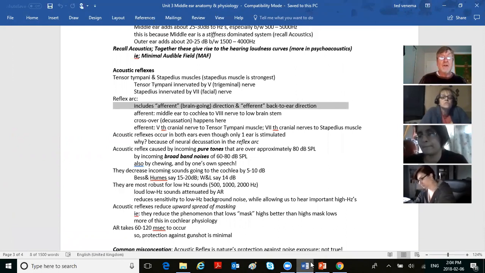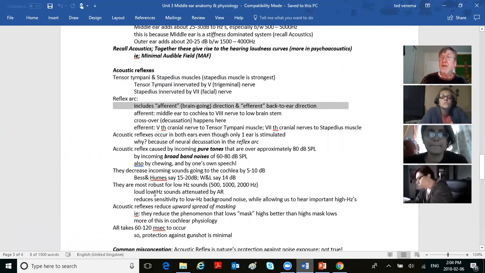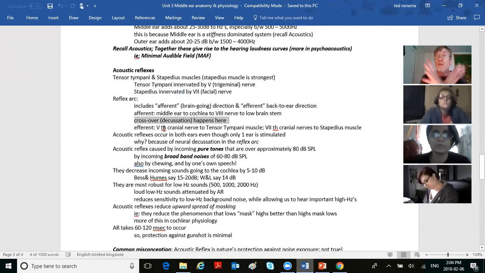Okay? Acoustic reflex arc includes afferent, brain going, and efferent, back to ear direction. Afferent, middle ear to cochlea to 8th nerve to brainstem. Lots of crossover. And the word used in our field is decussation, crossover messages.